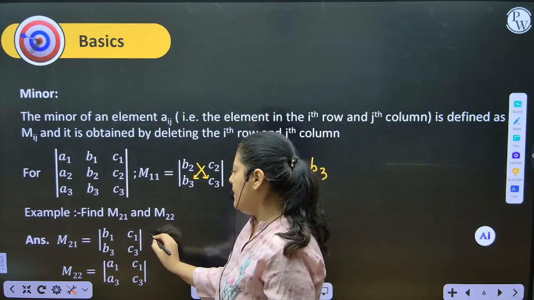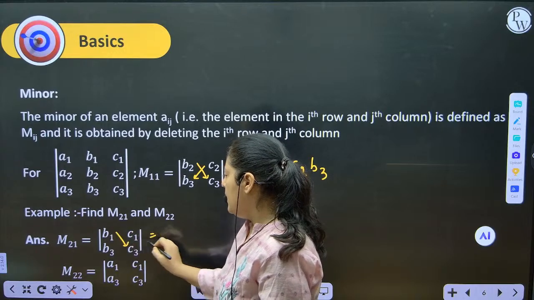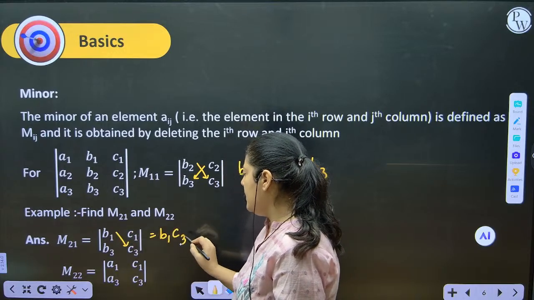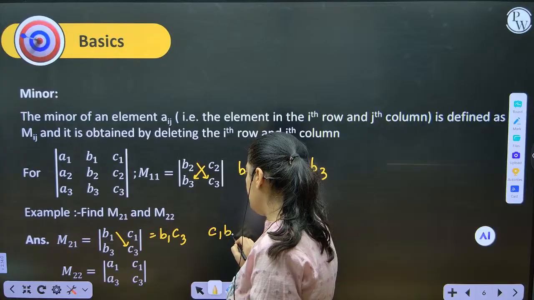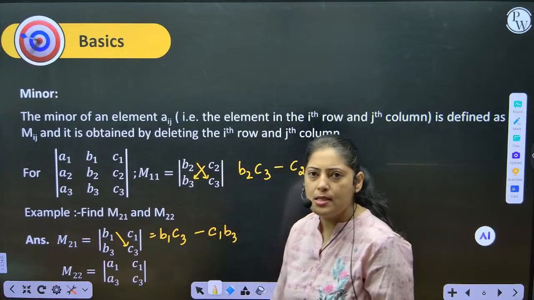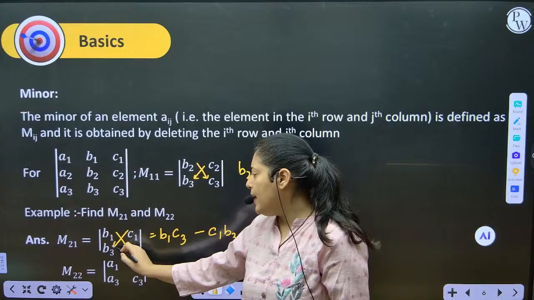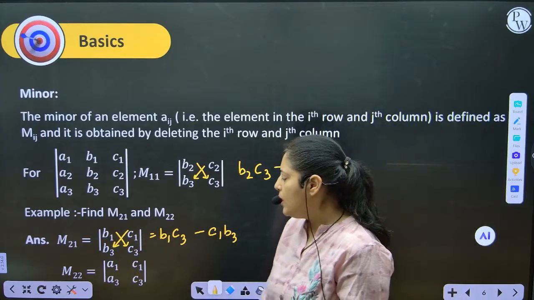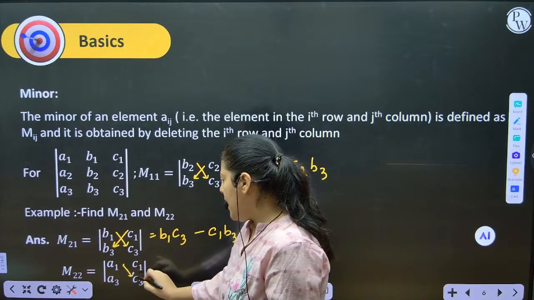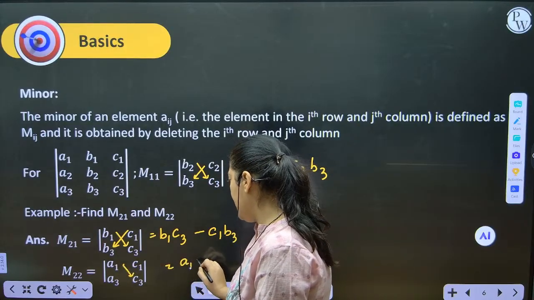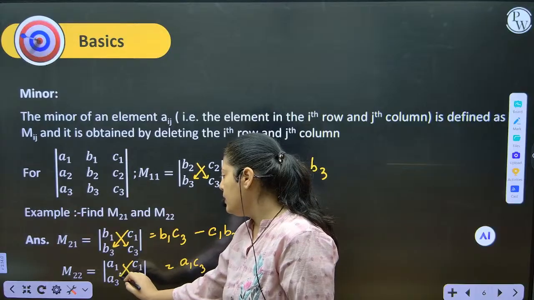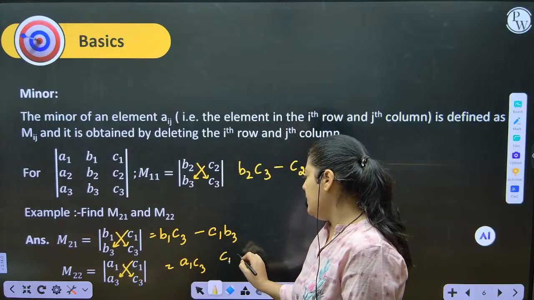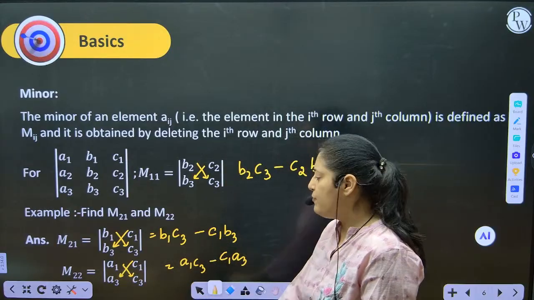Similarly, if I find the determinant here, what will it become? B1 C3, C1 B3, and then we subtract. Diagonally we have to multiply and then subtract. Similarly, diagonally we multiply C1 and A3 and then subtract.